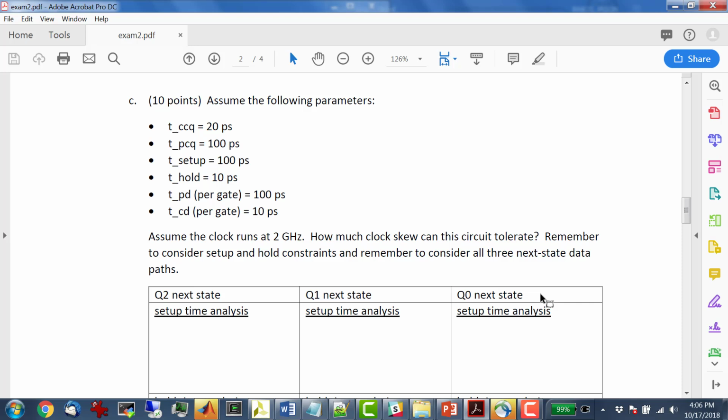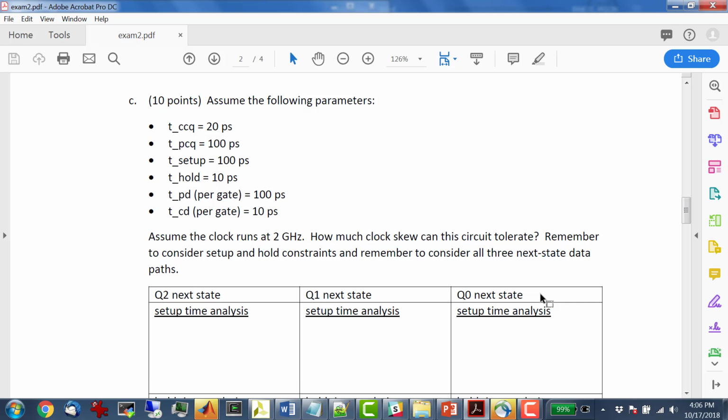The analysis is going to be TC, which is the clock, right? The clock must be greater than the propagation delay of the register, I'll just say PR, plus the propagation delay of the logic, plus the setup time of the register, plus the skew, right?